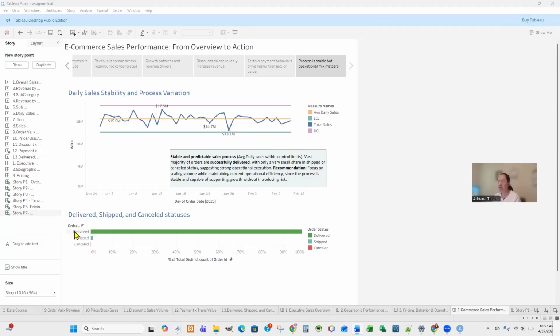And the order status distribution down here shows delivered orders being the most, 98% of all of the statuses. So the recommendation here is to focus on scaling volume while maintaining current operational efficiency, since the process is stable and capable of supporting growth without introducing risk.